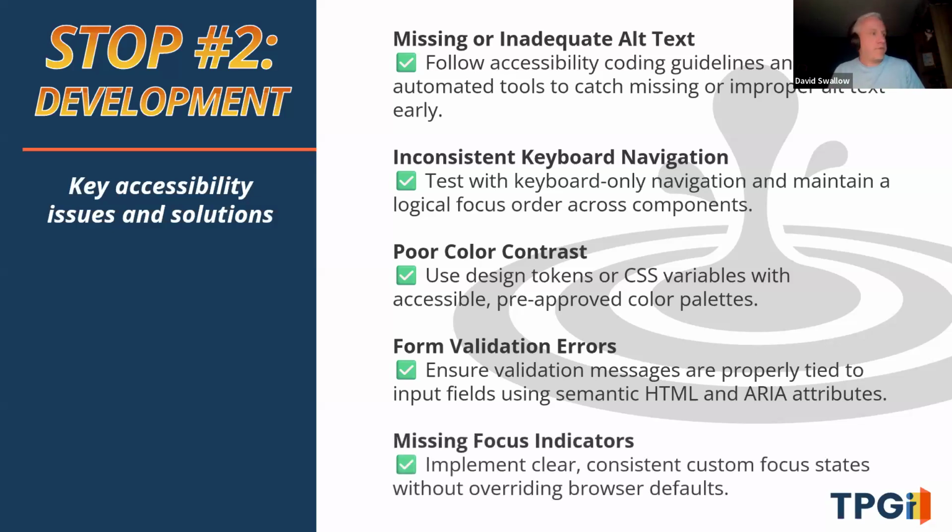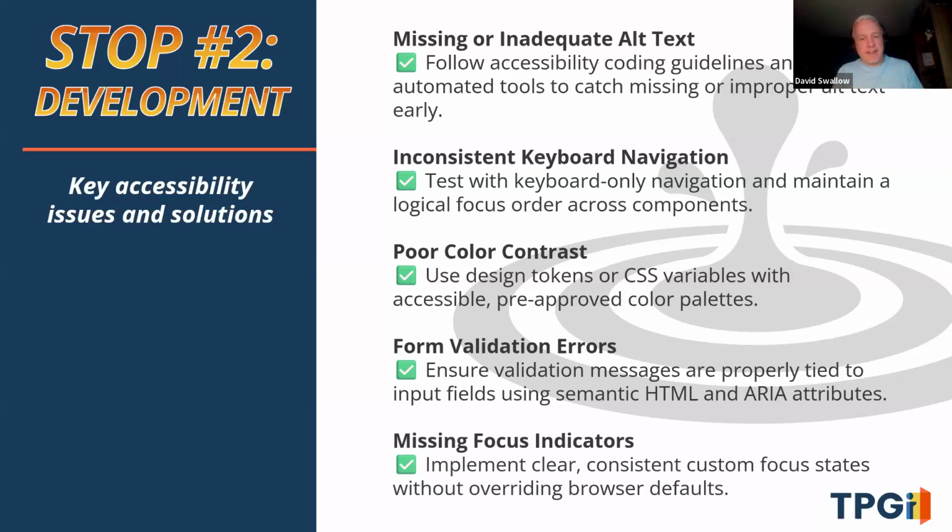And then a lack of focus indicators. So default browser focus indicators are often removed during styling, or custom focus states aren't implemented or are implemented badly, such as they're lacking sufficient color contrast.